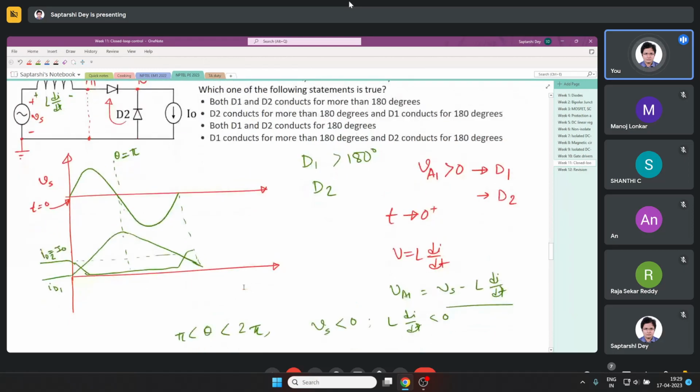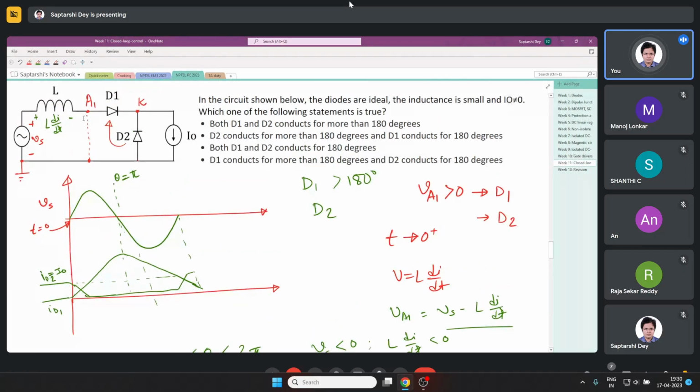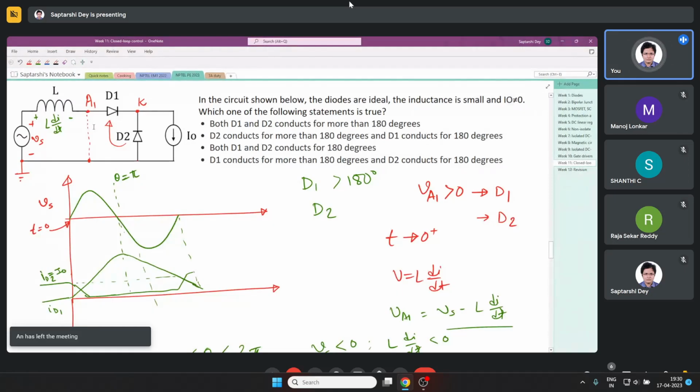At some point beyond theta, maybe somewhere here, VA1 will become negative. Not at theta equals pi, but somewhere after theta equals pi. VA1 becomes negative. When it becomes negative, the current commutation starts once again.